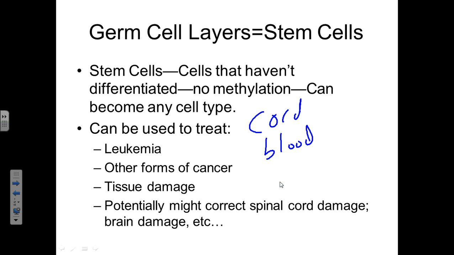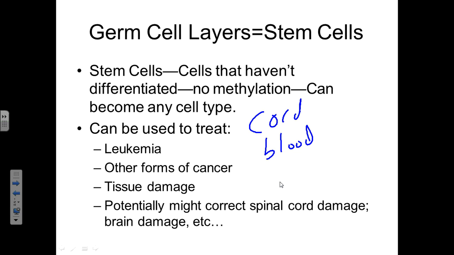And there's actually a whole industry that's sprung up lately where the doctors who deliver the baby can collect this cord blood. They send it off to a company that stores it for you. You have to pay them like a monthly fee, and they store this cord blood for you. And if you ever need it, they ship it to the doctor and they can use it.